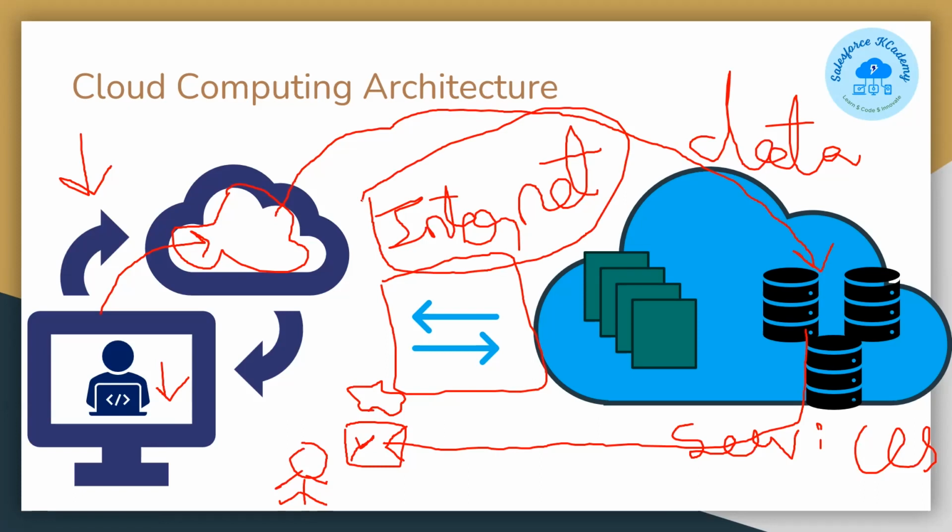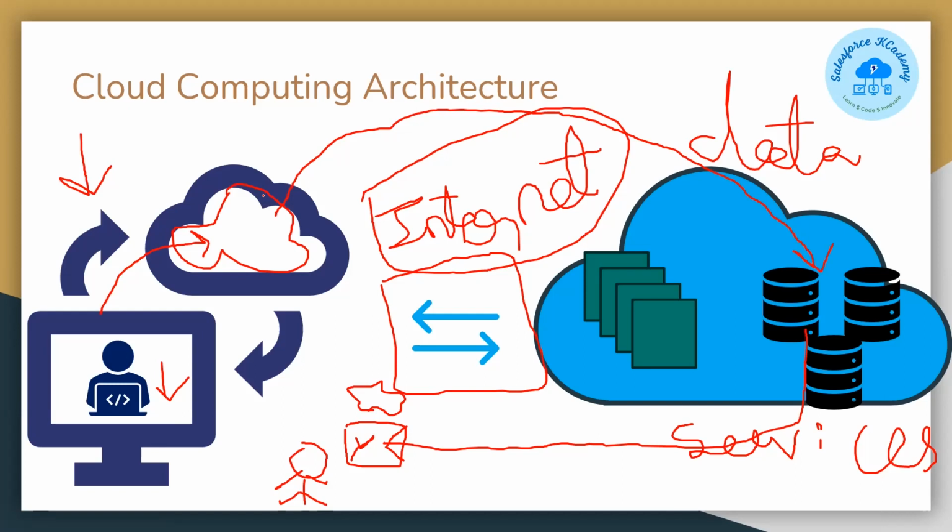If there is no internet, you can't even open anything. So whenever you want to open any of the photos or videos that have been stored in Google Photos or in the YouTube or in the Facebook, you need to have an internet. Then only someone can upload the video, someone can view that video.